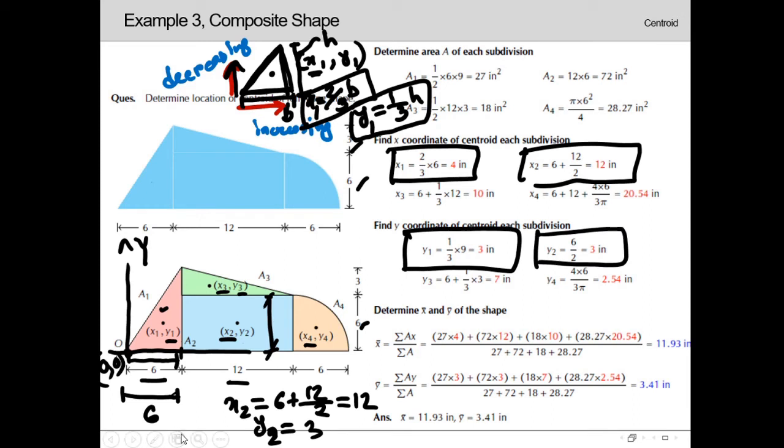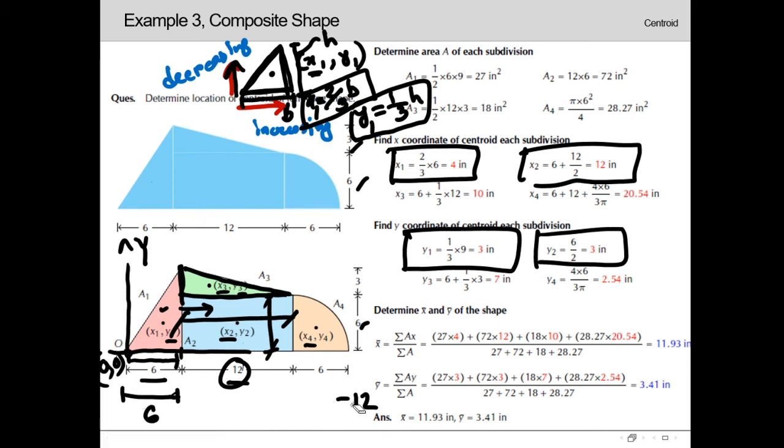Now x3. Segment 3 is another right angle triangle. While moving along the x-axis, we can see that the segment is decreasing along the x-axis. That means we need to consider 1/3. So 1/3 of the total length along the x-axis, which is given as 12, will be 4.